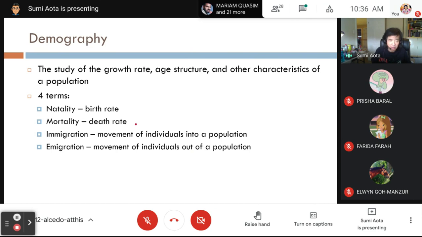Mortality is the death rate. Immigration is movement of individuals into a population, and emigration is movement of individuals out of a population. So these are the four terms, for the most part, that control how a population will change over time, the demographics.